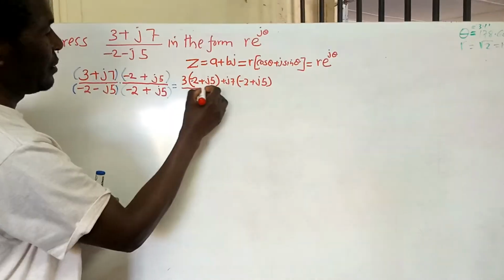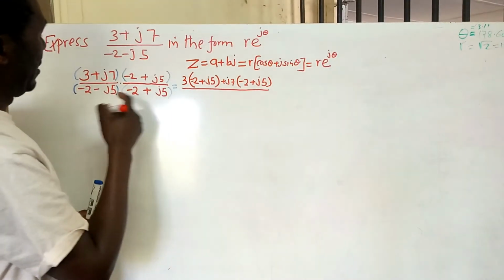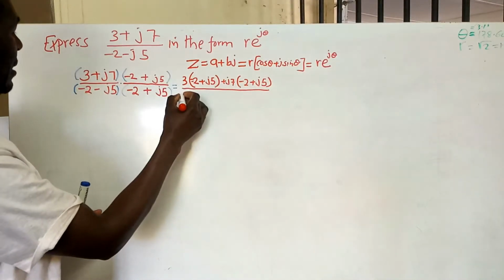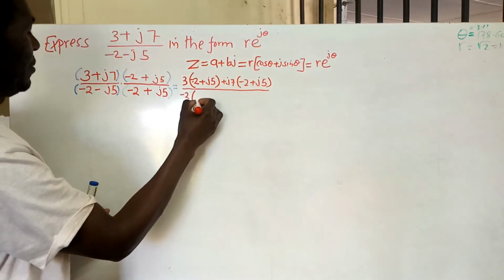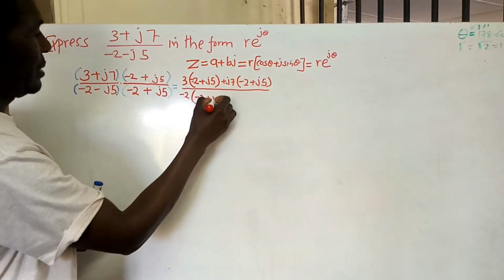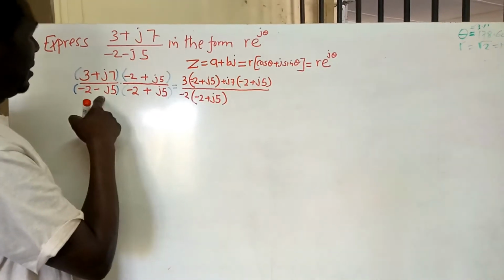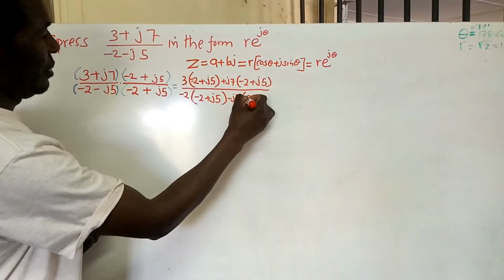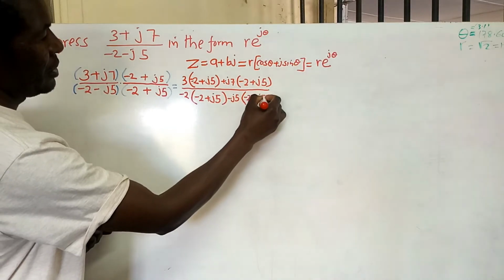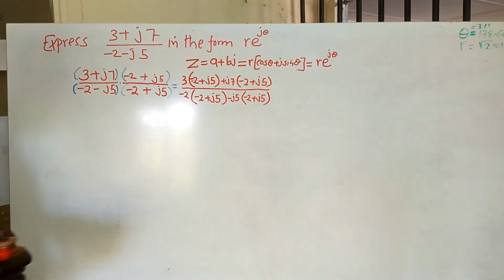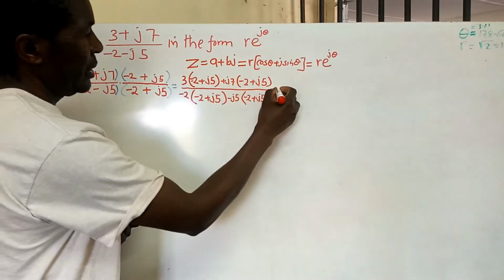Then we divide all this by, expand this one also as -2 into -2 plus j5. We take the second term, negative j5 into -2 plus j5. Then we do the expansion in the normal way.